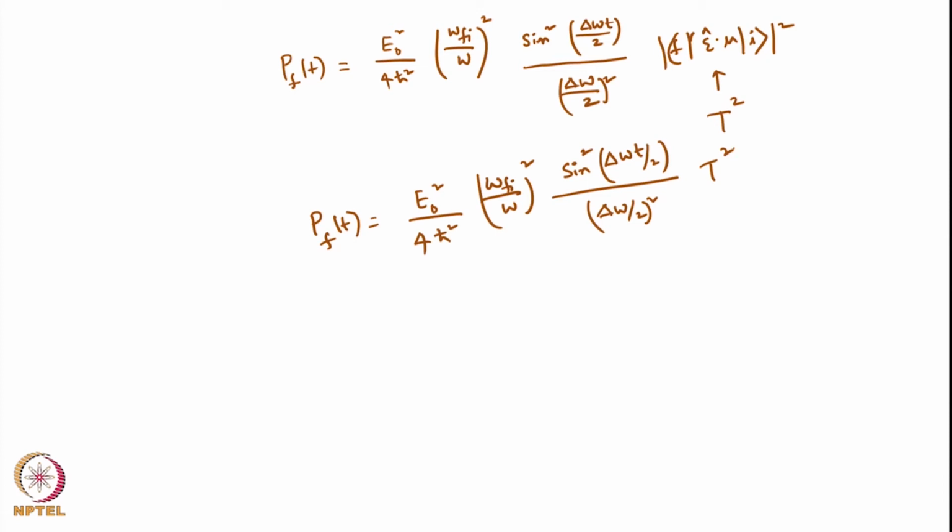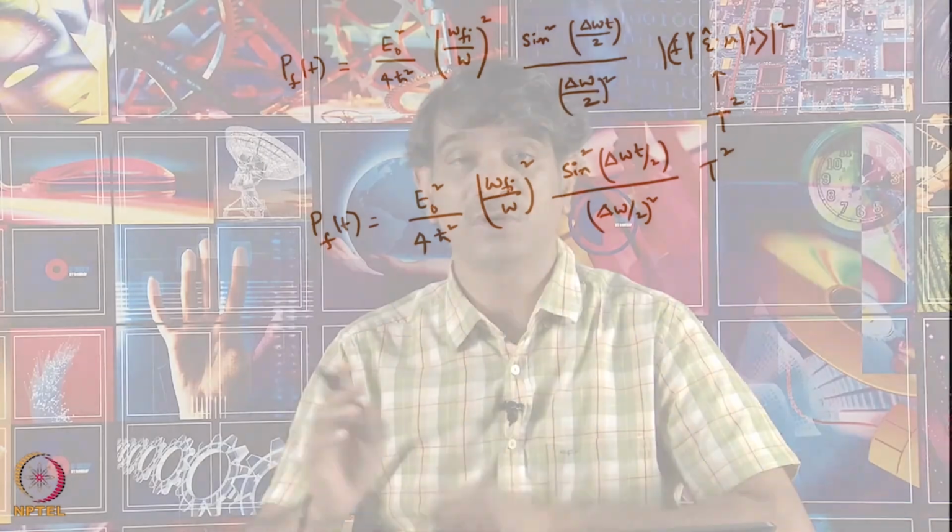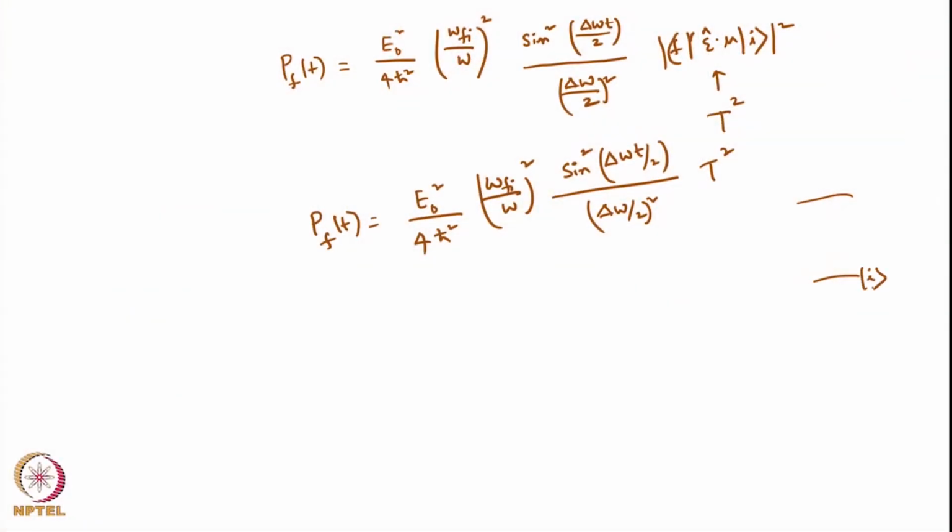Now you can see for a given omega, omega Fi is fixed because the energy difference between the two states is fixed. So your initial state and the final state are fixed, so omega Fi is a constant. Omega will vary because you can tune the radiation, you can go from some frequency to some other frequency or some wavelength to some other wavelength.